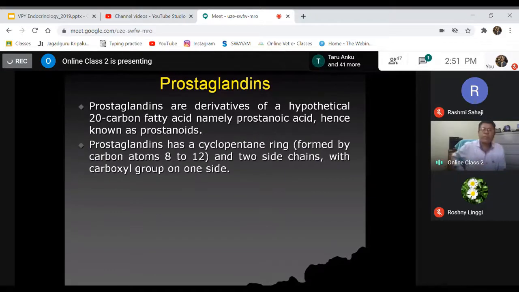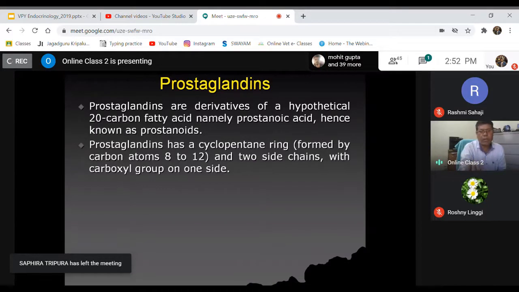Prostaglandins have a cyclopentane ring, meaning a 5-member ring is present. How is this 5-member ring formed? It is formed by carbon atoms 8 to 12, with a link formed between carbon number 8 and 12. Carbon 8, 9, 10, 11, 12 form the ring structure.